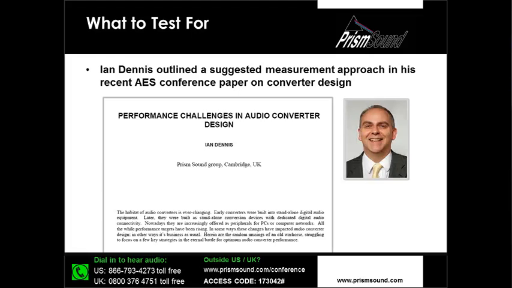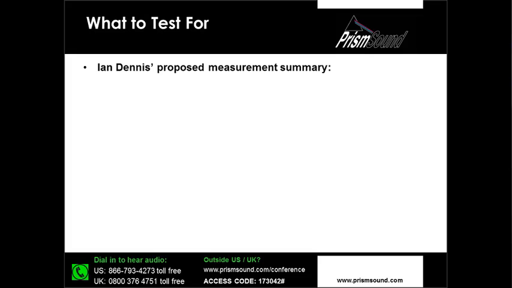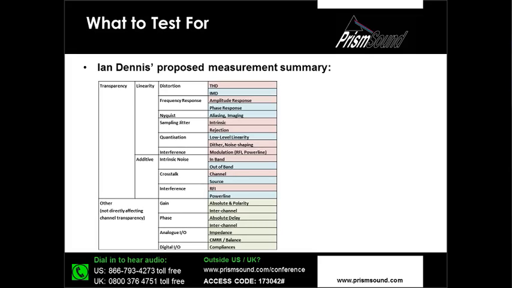And in Ian's paper, at the end of his paper on design-related issues in the world of A-to-D and D-to-A converters for audio, Ian also introduced a proposed measurement summary outlining some of the more critical issues, those that are easiest to potentially get wrong, some slightly less critical but important nonetheless issues that we might want to concern ourselves with, and also some other measurement issues that don't directly translate to transparency related performance aspects.